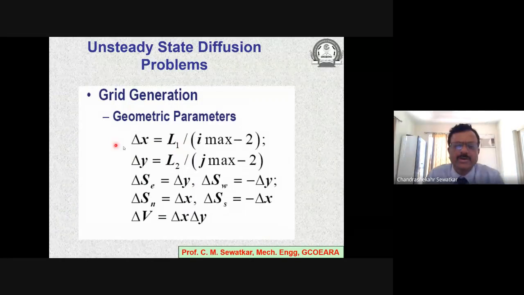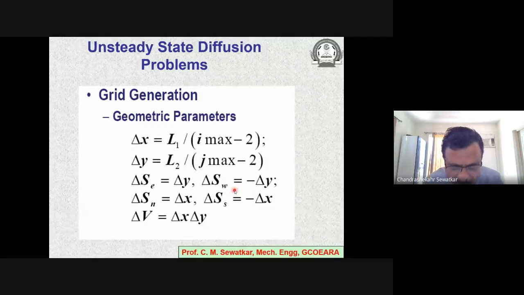So how do we calculate the geometric parameters? For example, delta x we can calculate by using a simple expression, L1 upon Imax minus 2. Delta y is equal to L2 upon Jmax minus 2. Now I have included this because last time somebody asked me how to do the coding. In the coding you can include these kinds of equations.